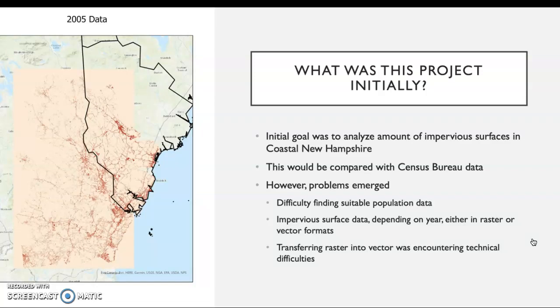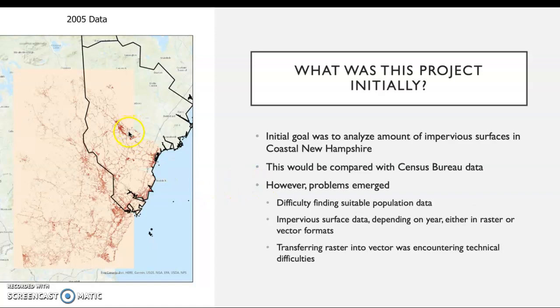However, there were problems that emerged, such as the difficulty with finding suitable population data. It's a lot harder than you might think to find county level population data from the Census Bureau. Additionally, impervious surface data, depending on the year, either came in raster or vector format.